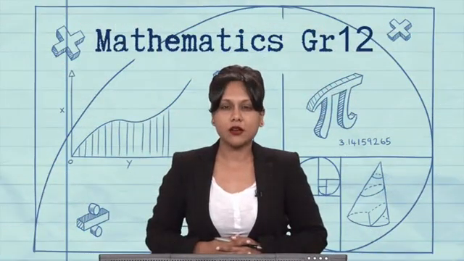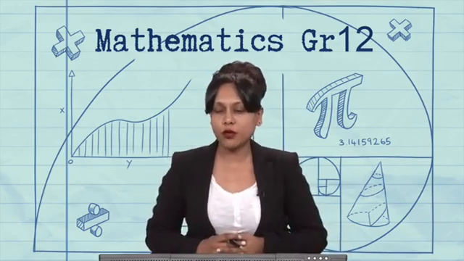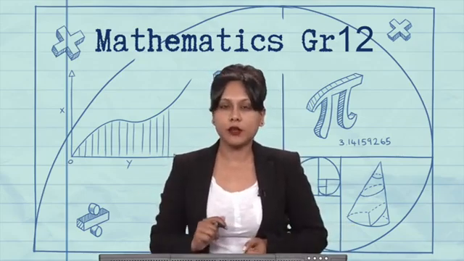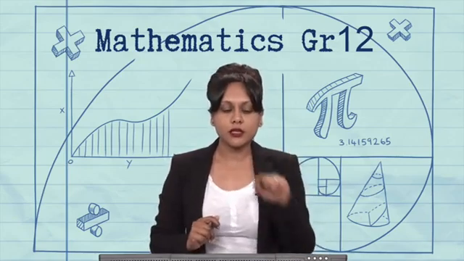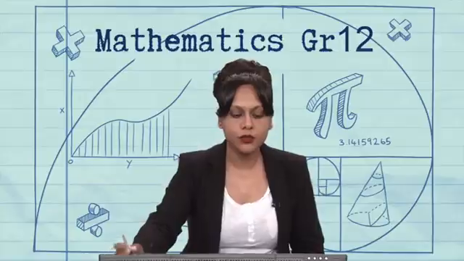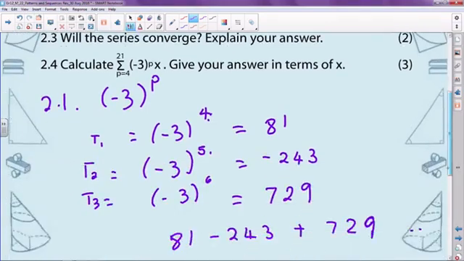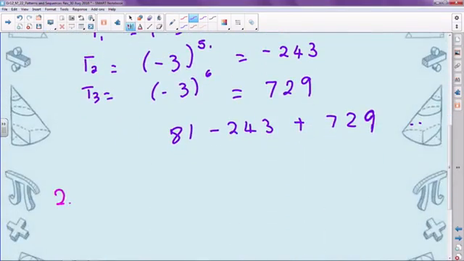Welcome back, guys. In our last segment, we're going to quickly finish off the question we were doing before the break and then hopefully do another one as well. All right, so let's go straight into 2.2. This was now saying calculate the value of the constant ratio. Okay, so all you're going to do there, remember when you're working out your constant ratio, it's term 3 divided by term 2 gives you the same answer as term 2 divided by term 1.